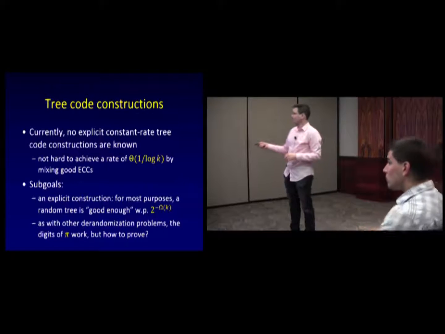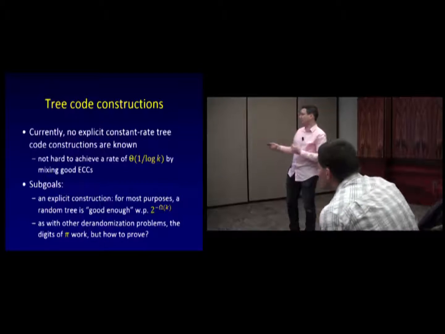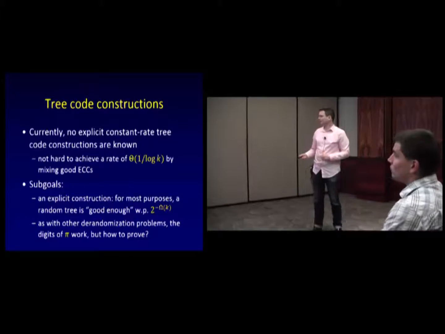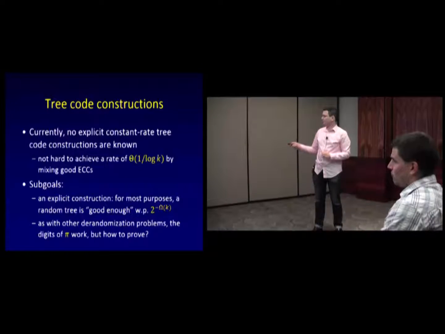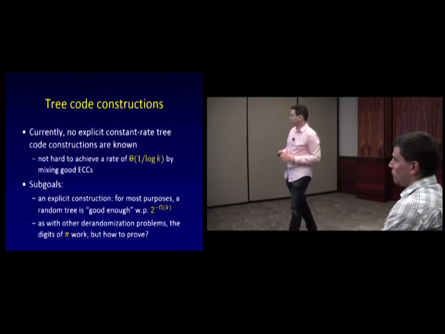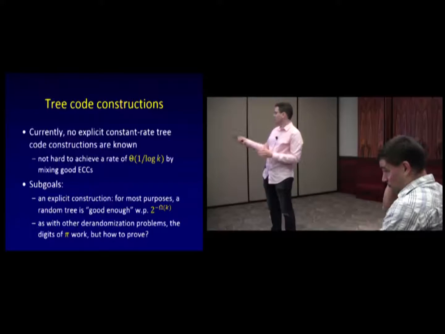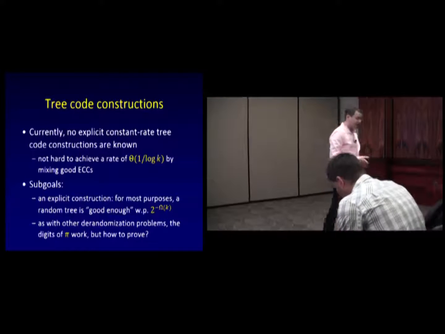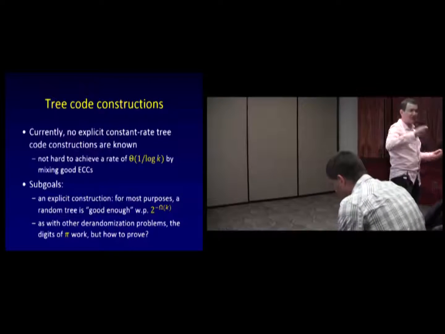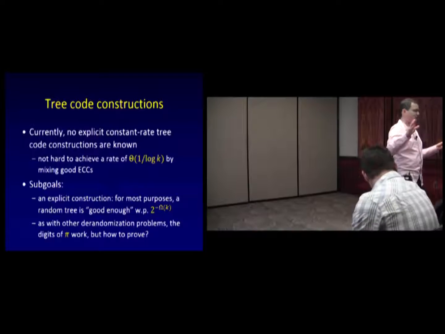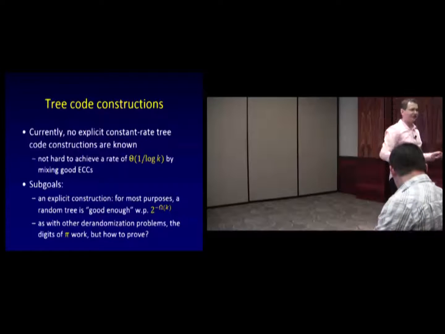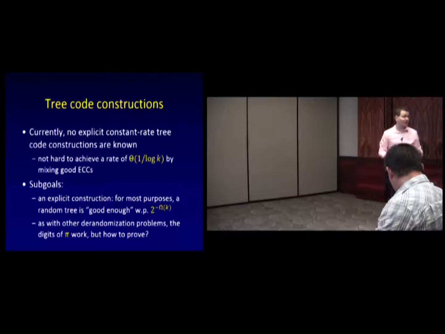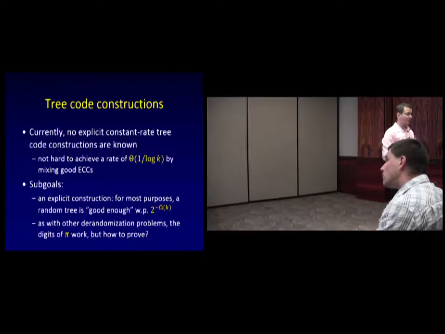So here are some goals that are actually solvable, such as an explicit construction. It turns out that for many of the tasks, including this decoding, if I write a random code, just populate the branches randomly, it will be good enough, except with exponentially small probability.